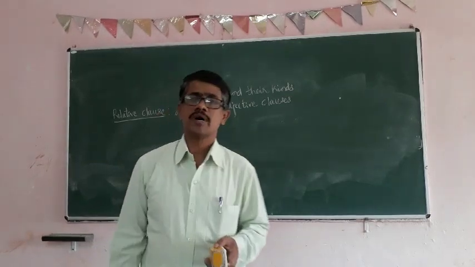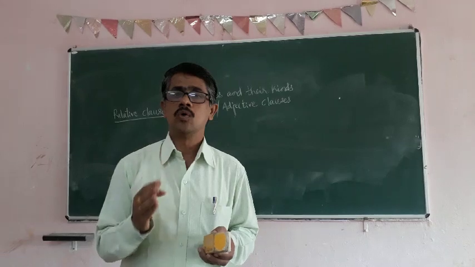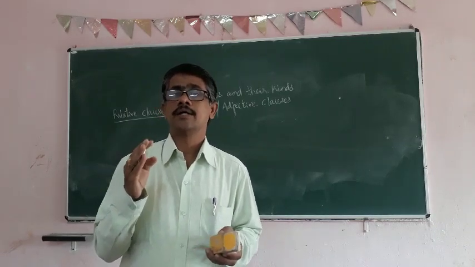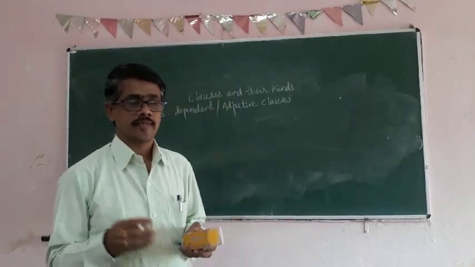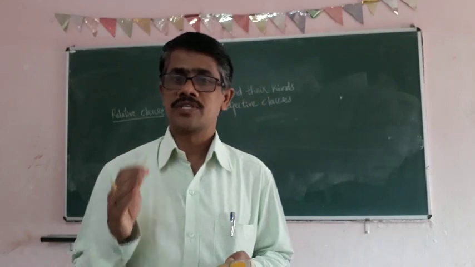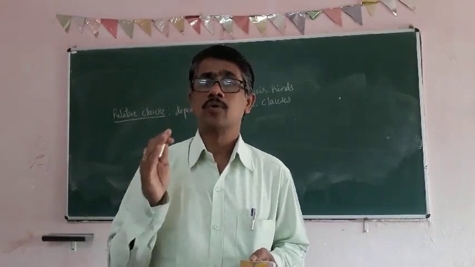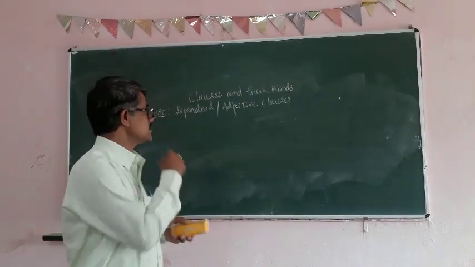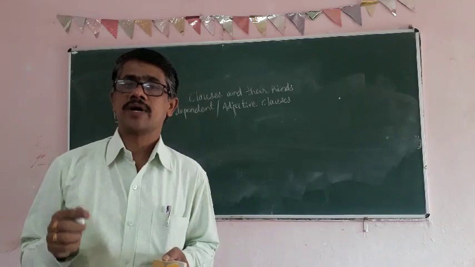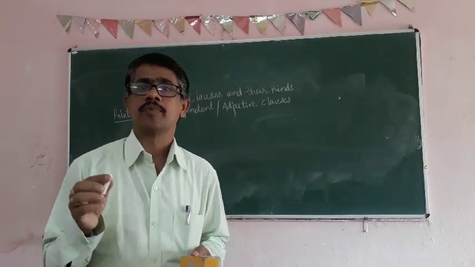They are introduced by relative pronouns such as which, whichever, who, whoever, whom, whomever, and whose. This dependent clause acts as an adjective, and that is why it gives information about a noun or pronoun.